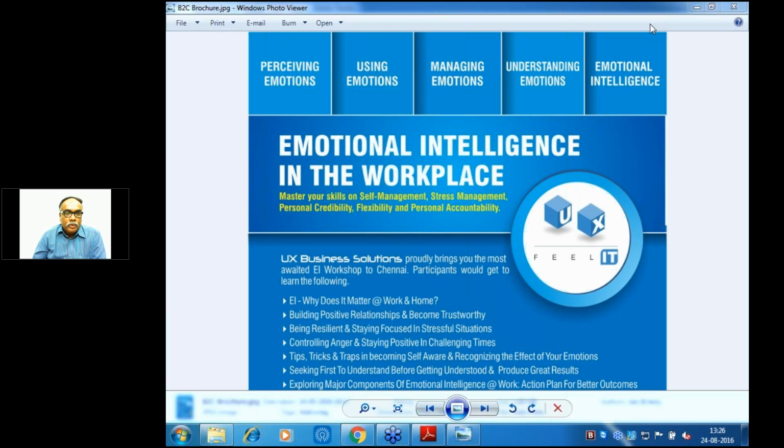So if I am not emotionally intelligent, I cannot stay focused in the stressful situations, because many of my colleagues in different companies, who I have worked with, all of them have been thinking that I am the right person, I will be the only person who knows everything, and I want to deliver, and these people who work with me are stupid. And these people cannot get results. I have to help them. I have to be hands-on.